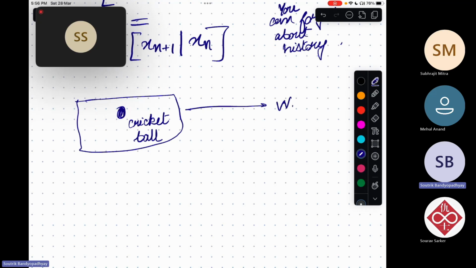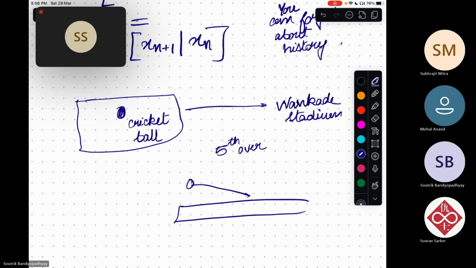Let's say this is the Wankhede Stadium. And in the fifth over, a famous bowler catches hold of this ball and lobs it towards the pitch, right?